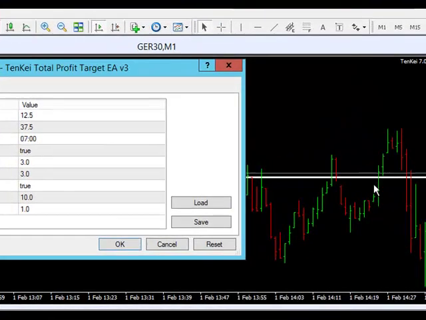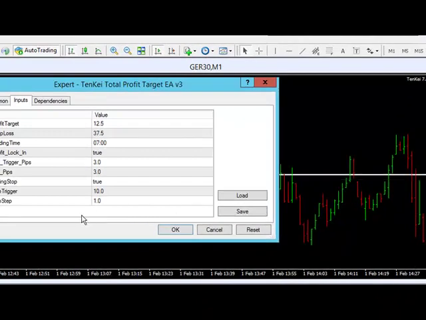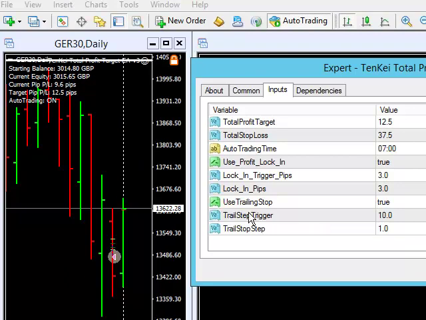Would you want the market to go up 50 points and come back down and lock you out for 3 pips? No, you wouldn't. You'd want to capture some of that movement going up or down, which we shall cover in the use trailing stop in the next section.